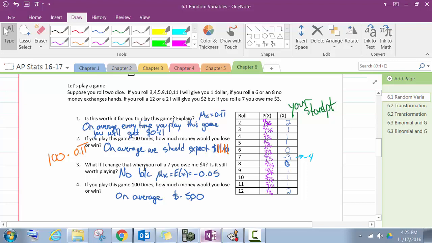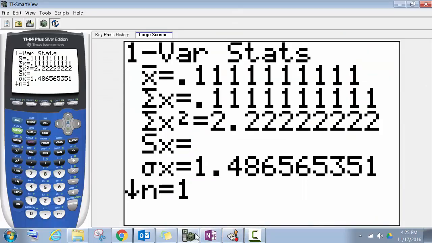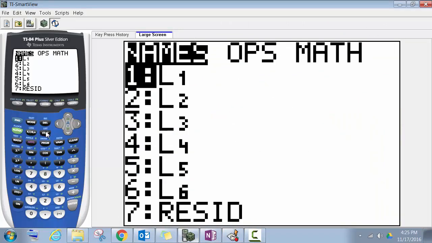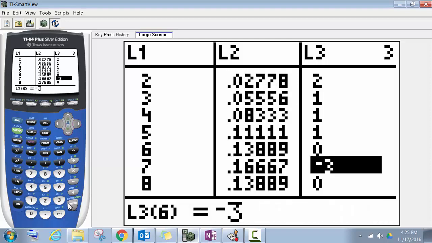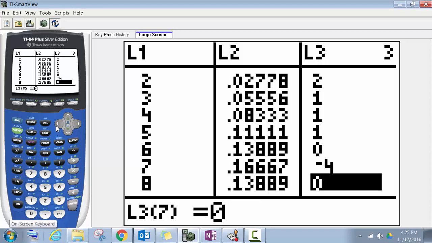Now, what if I change that when you roll a 7, you owe me 4? Is it still worth playing? Well, we go back to our list. Edit our list. And then when it says -3, change it to -4 because I'm taking more money from you because I want to win.